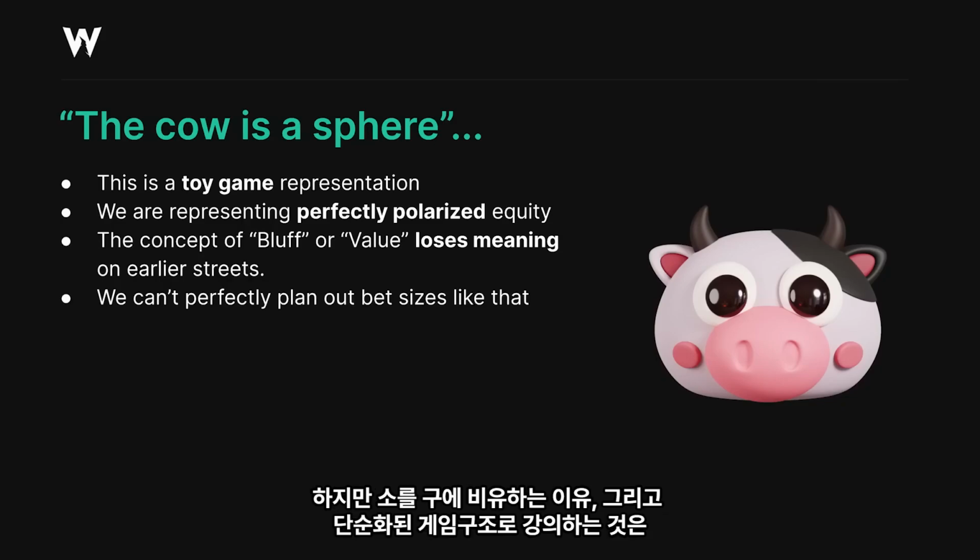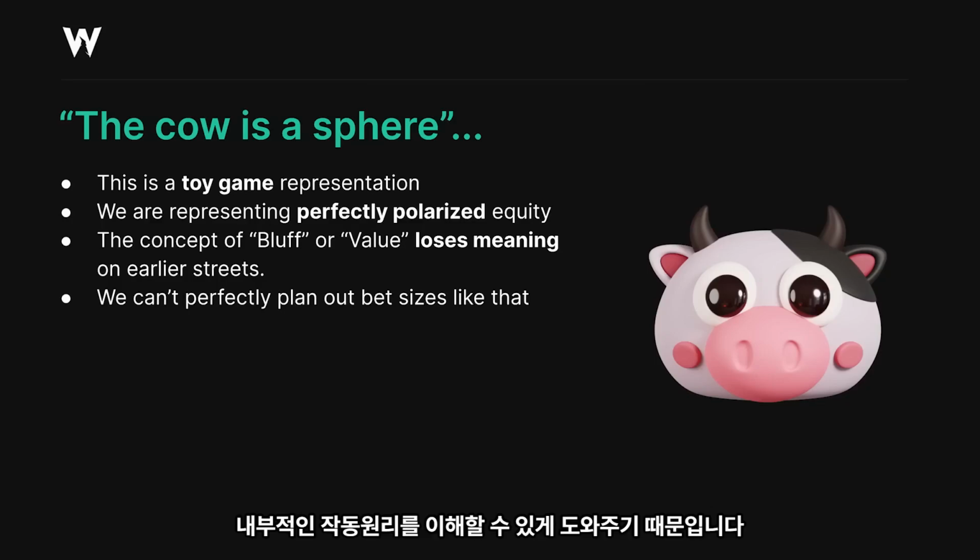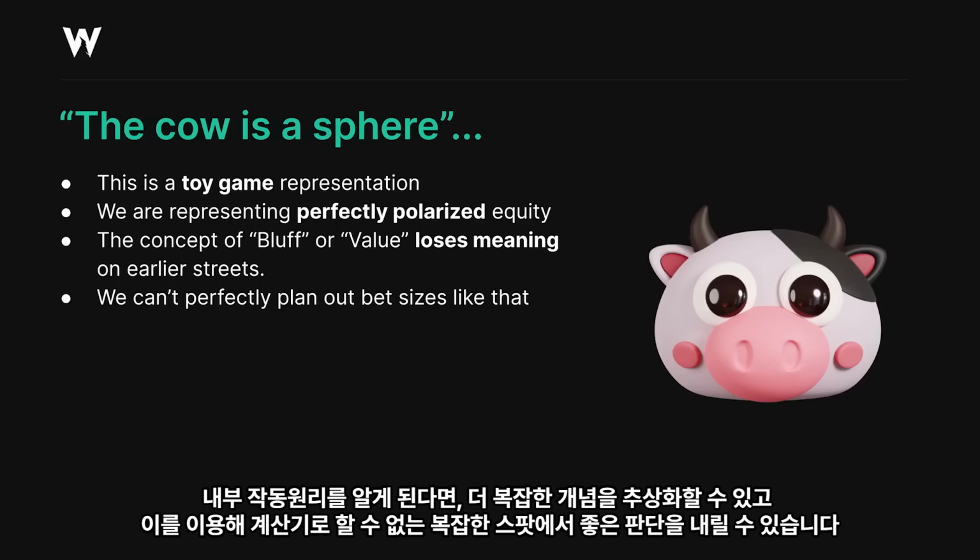However, the reason we represent the cow as a sphere in physics, and the reason we use oversimplified models in engineering to represent more complex topics, is because it allows us to understand the inner mechanics behind how stuff works. And once you understand those inner mechanics, you can extrapolate those ideas and abstract them to more complex spots, spots that cannot be calculated with standard handwritten calculations, as you could with this toy game.